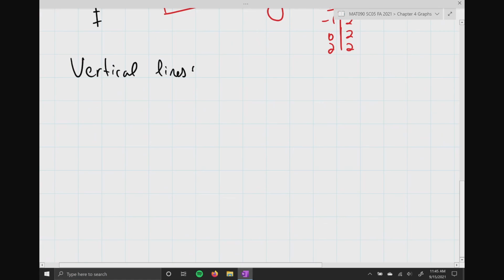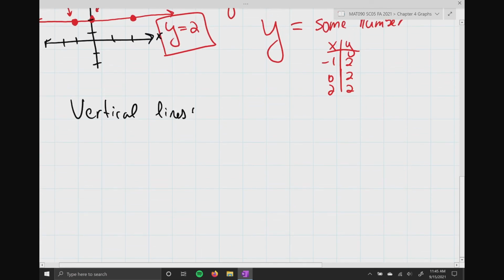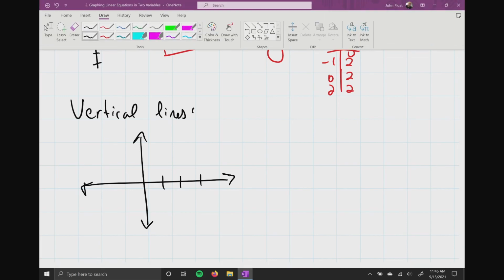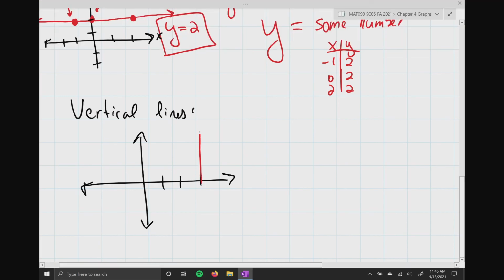What's the opposite of horizontal? Vertical. What's the opposite of Y? X. So, vertical lines look like this. Okay? And notice there is something very special.